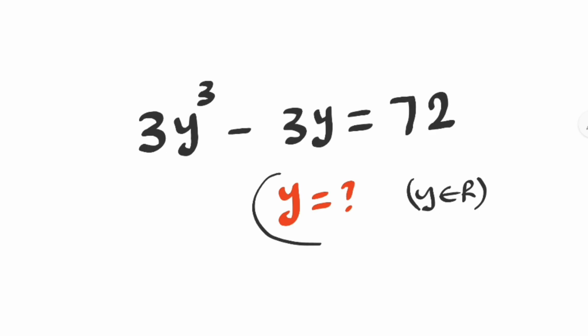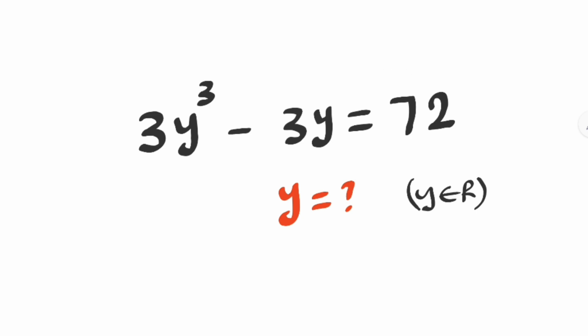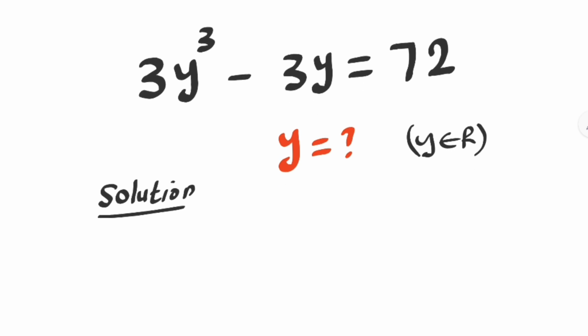Hello, let us solve for y given 3y raised to power 3 minus 3y is equal to 72. The given equation is 3y raised to power 3 minus 3y is equal to 72.